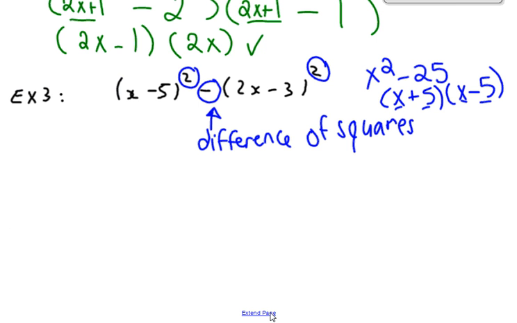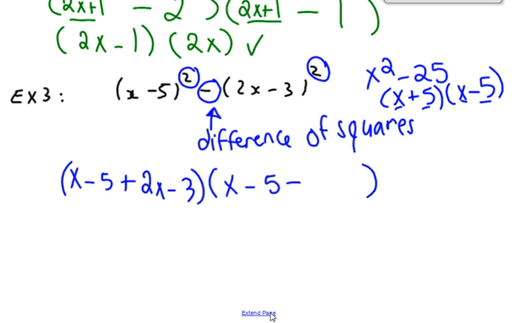We're going to take the square root of x minus 5, the quantity squared, or in other words, just x minus 5. And then we're going to add to one, subtract from the other, the square root of the quantity 2x minus 3 squared, or just 2x minus 3.